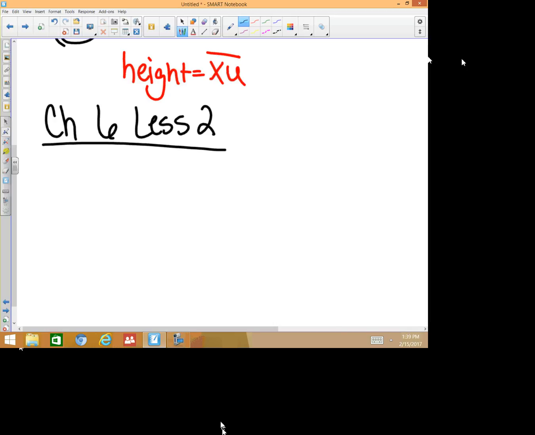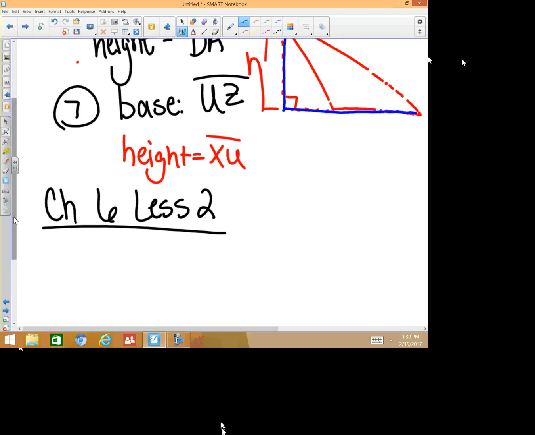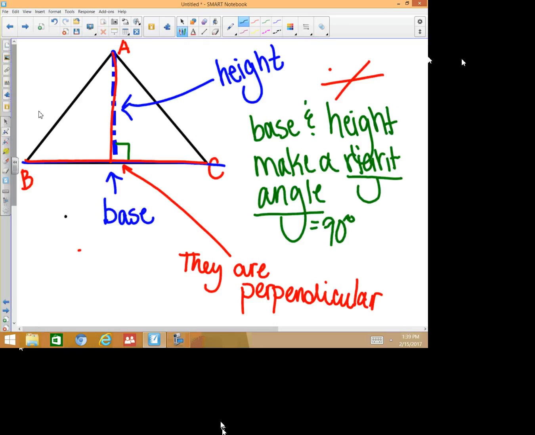Hurry, honey. This is where we're at. They are perpendicular. That's all you have to write. I don't know yet. I can't figure out 6 of them. I'll see you 8th period.